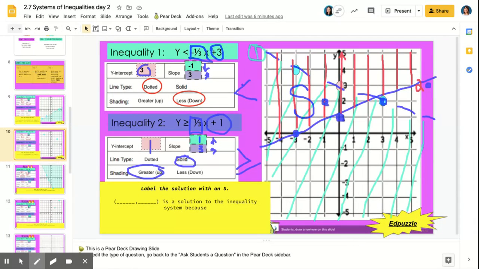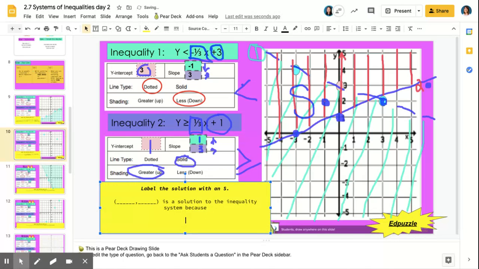Yep, that's right. -1, 2 is a solution. Because why? Why is it a solution? Because the coordinate is in the double shaded area. Remember, those are our key words here. Double shaded. And the coordinate we said was -1, 2.